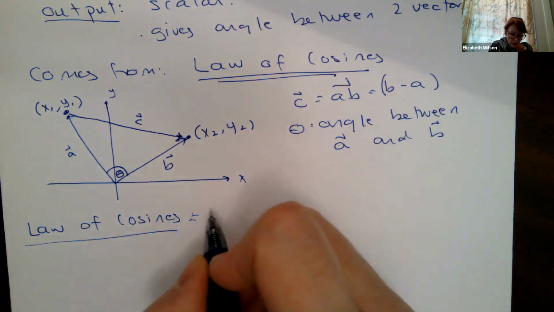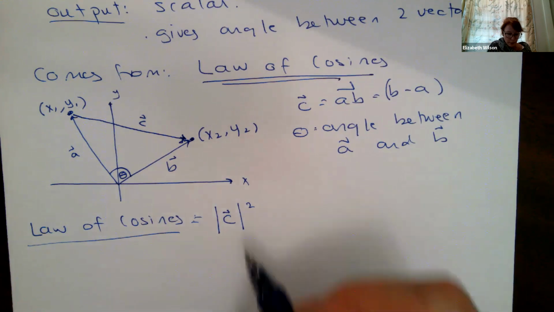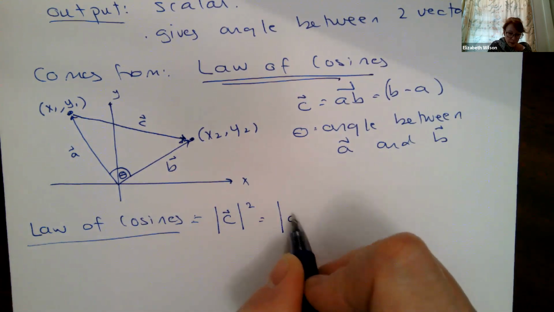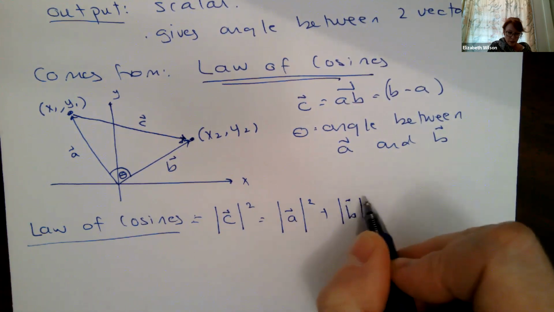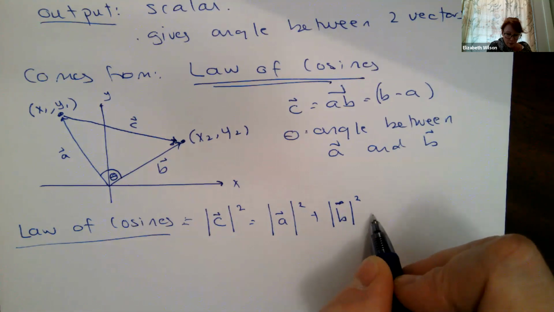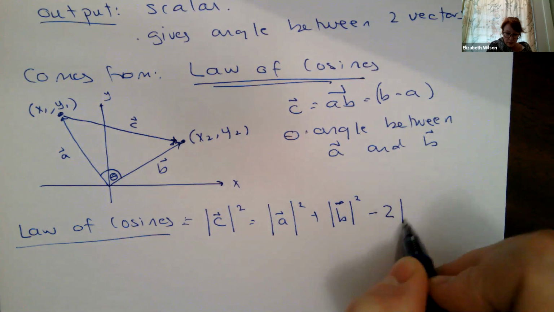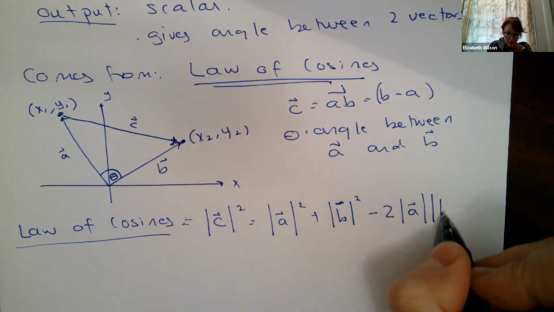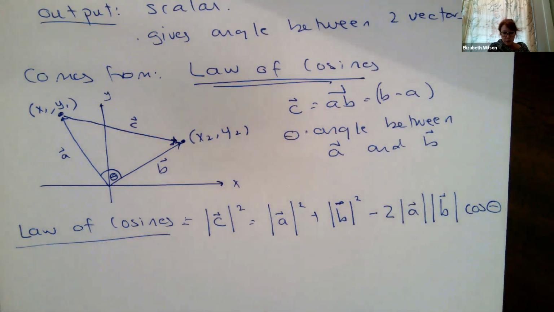So the magnitude of C squared equals the magnitude of A squared plus the magnitude of B squared. So far it looks kind of like our Pythagorean theorem, but then this is minus. We have to subtract out our repeats. Minus 2 times the magnitude of A, times the magnitude of B, times cosine of theta. So this is our law of cosines, but using the magnitude of vectors.